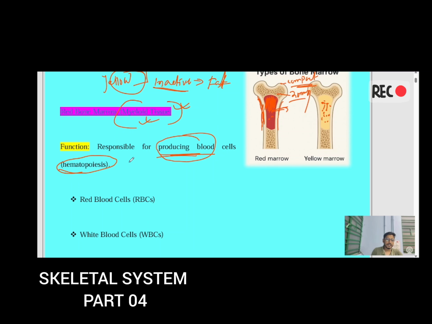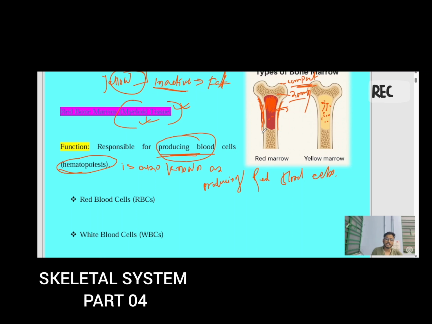Hematopoiesis also acts as producing red blood cells. After the formation of red blood cells, what is their function?